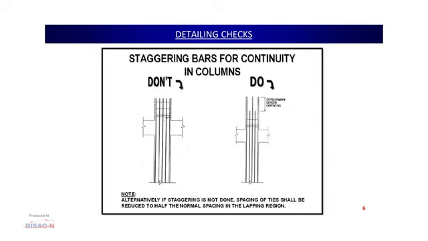Again, if we are not able to do this because of a mistake or he initially forgot, what we can best do as per the code is provide stirrups at this overlapping location, with the stirrup spacing being half of the usual spacing of the stirrups in that column. By this means we can achieve the strength requirement of the joint in a column.